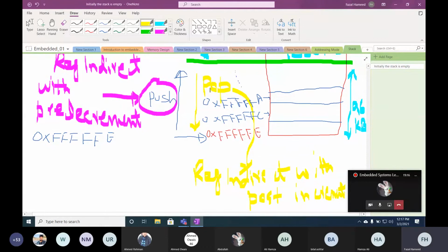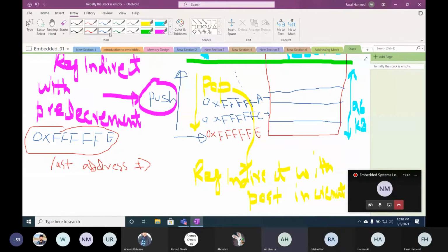Now if we have the last address in the stack pointer, what does it imply? Is the stack empty or full? If we have the last address, the top is pointing to the first location, so the stack is empty.